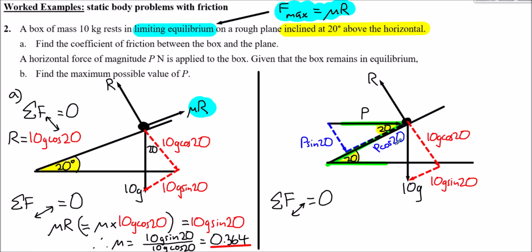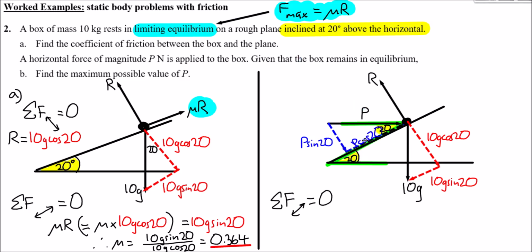This time, however, because it's going to go up the slope, we need to be thinking about which way the friction would be acting. So in this particular circumstance, because we've got this force P cos 20 pushing up the slope, the maximum friction will be acting down the slope. So again, this diagram is going to get a bit busy, but sometimes this will happen.